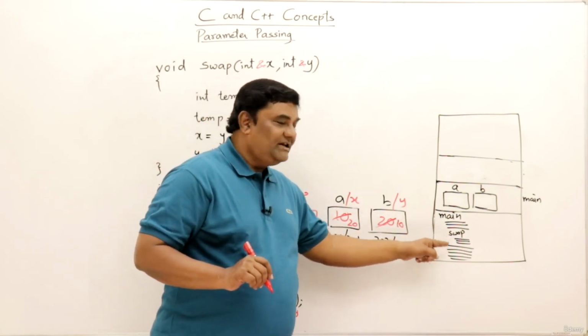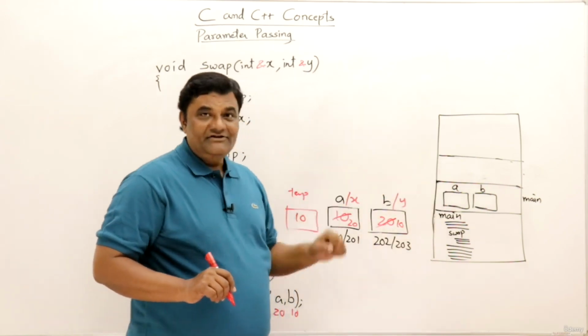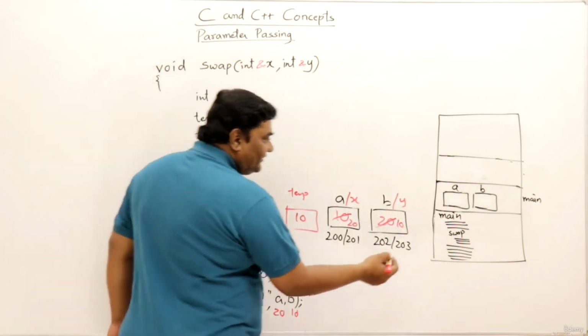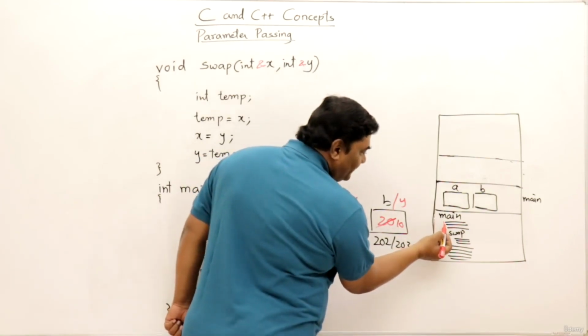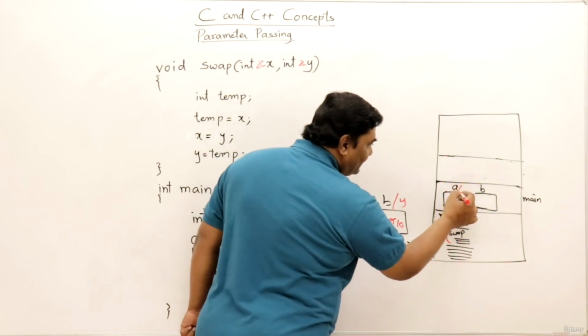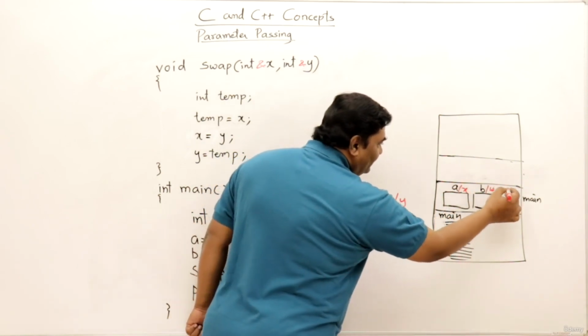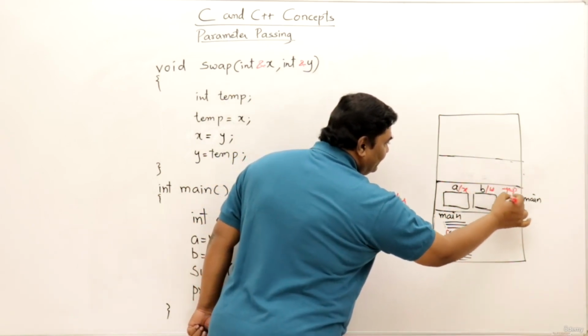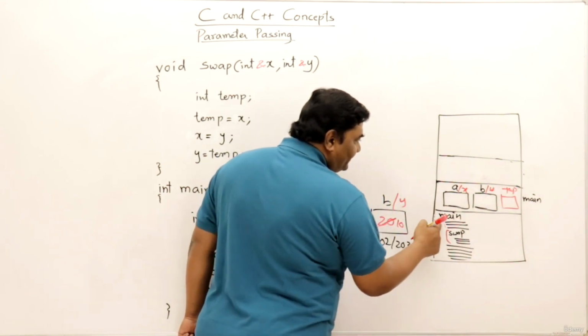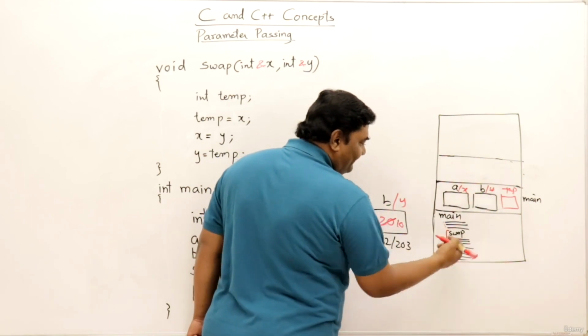It has become a part of main function and there is only one activation record. So if you see the working of the same program here, as long as the main function code is running, these are A and B. And once the swap starts, these are called X and Y. And also the temp variable is created inside the same activation record of main function, inside the same stack frame.